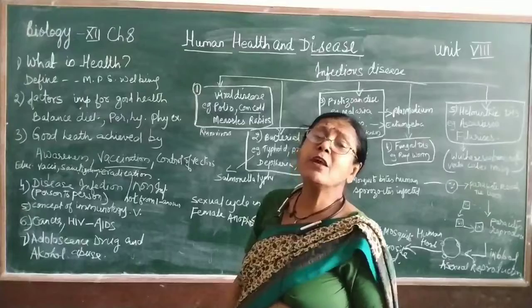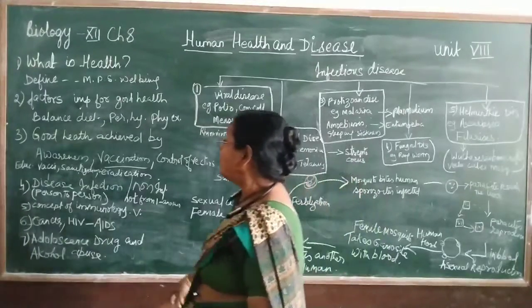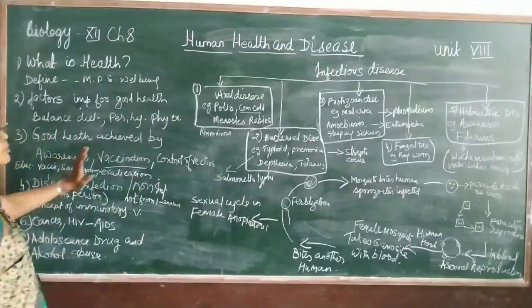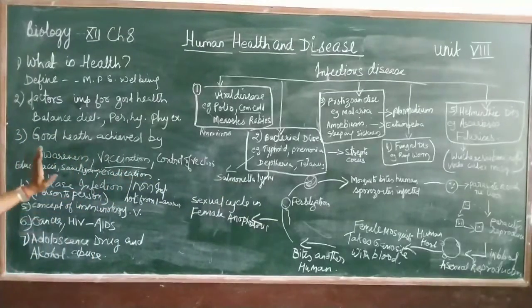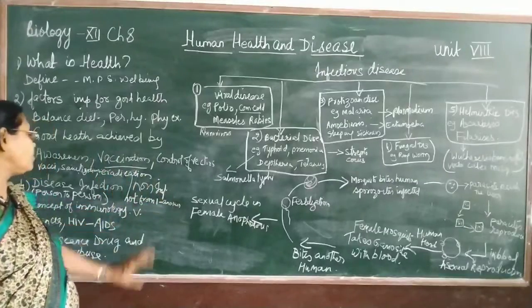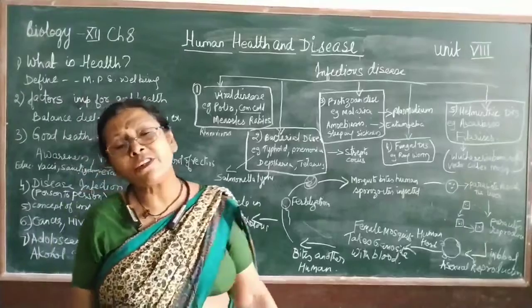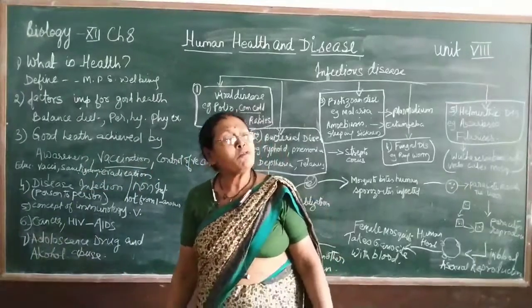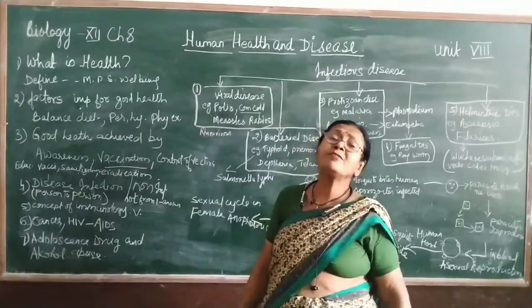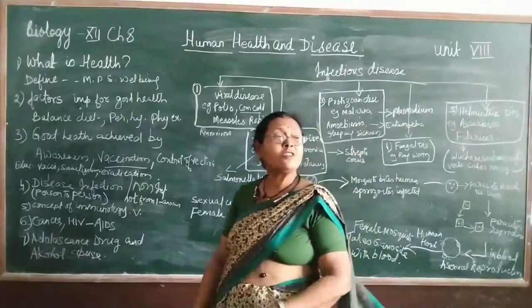Now we will see how many types of diseases there are. There are two types of disease: infectious disease and non-infectious disease. What is infectious disease and what is non-infectious disease? You must be wondering, both are diseases. So what is the importance of infectious and non-infectious?